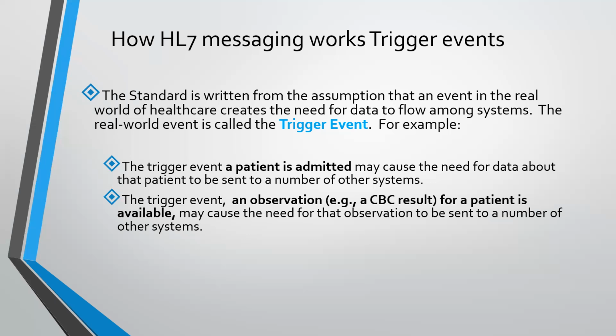They will check his sugar levels, or they will check his height, weight, and some basic stuff, right? So this data is saved to the EHR system. Is it necessary to send this data from the EHR system to another system? Usually it is not. So there are events which do not demand the data to be sent from one system to another. Such events are not called trigger events. If there is an event which is demanding for the data to be sent from one system to another, it is called a trigger event.